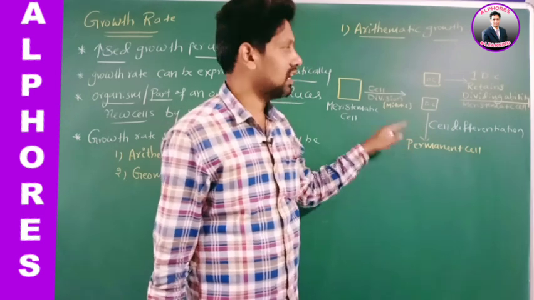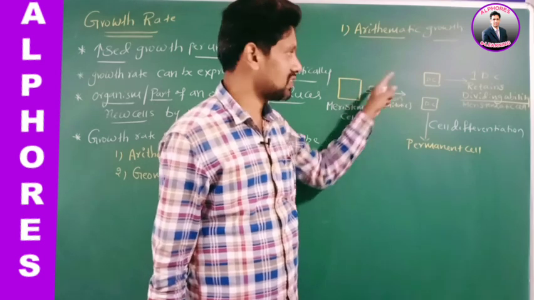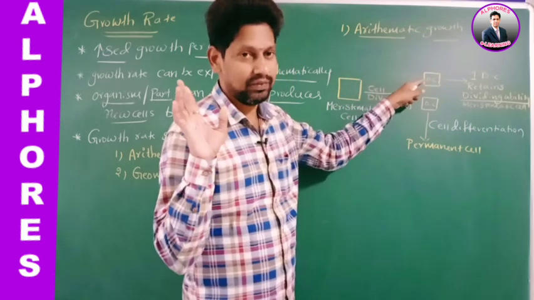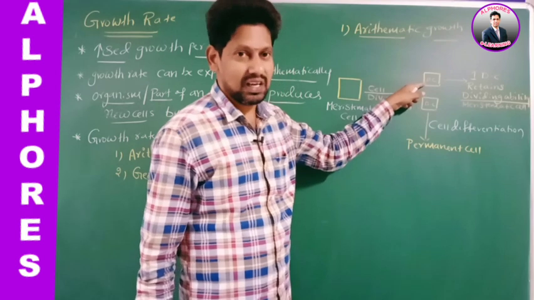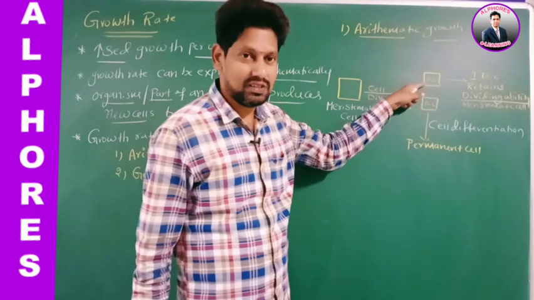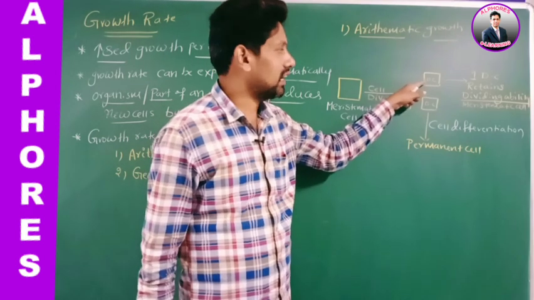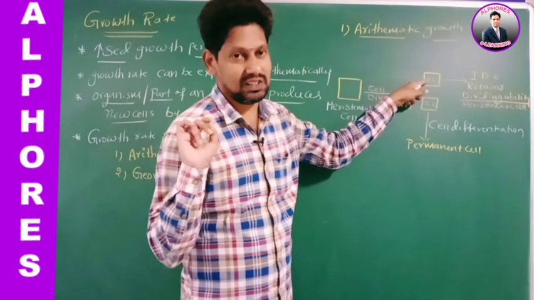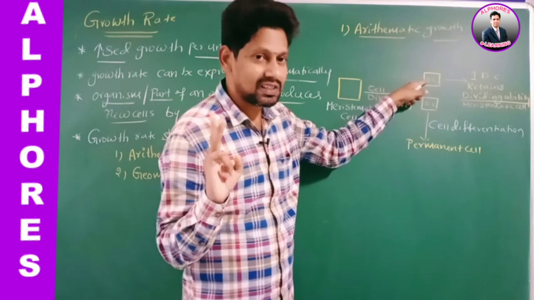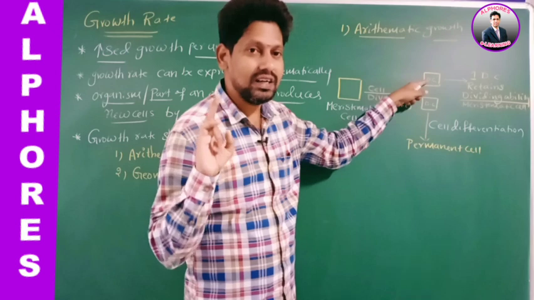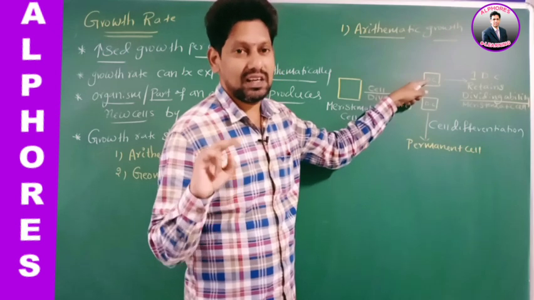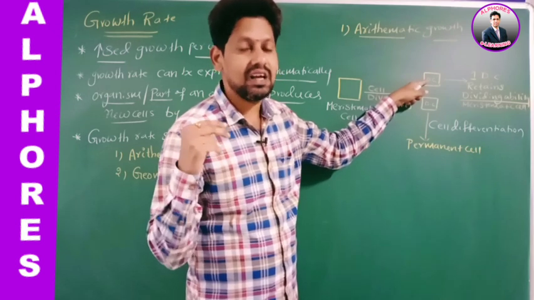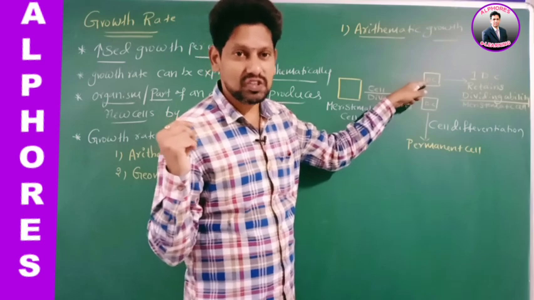Now you tell me, how many meristematic cells are present here? One meristematic cell. This meristematic cell again divides. Again you get two daughter cells. Out of them, one retains dividing ability, whereas the next one is converted into a permanent cell. Is this statement okay?